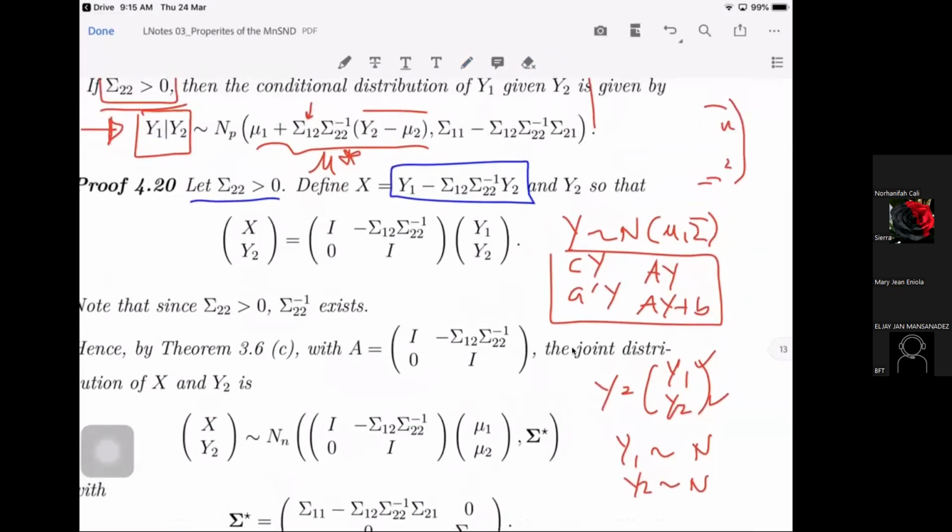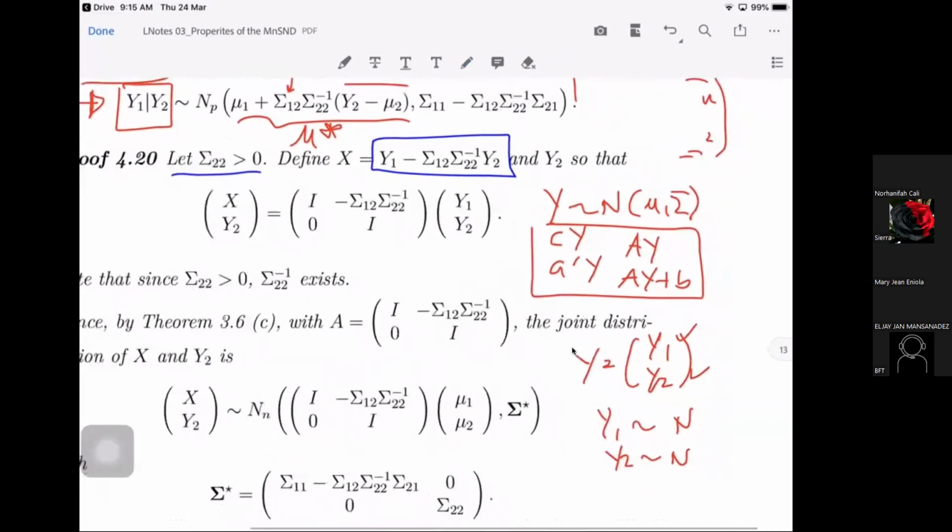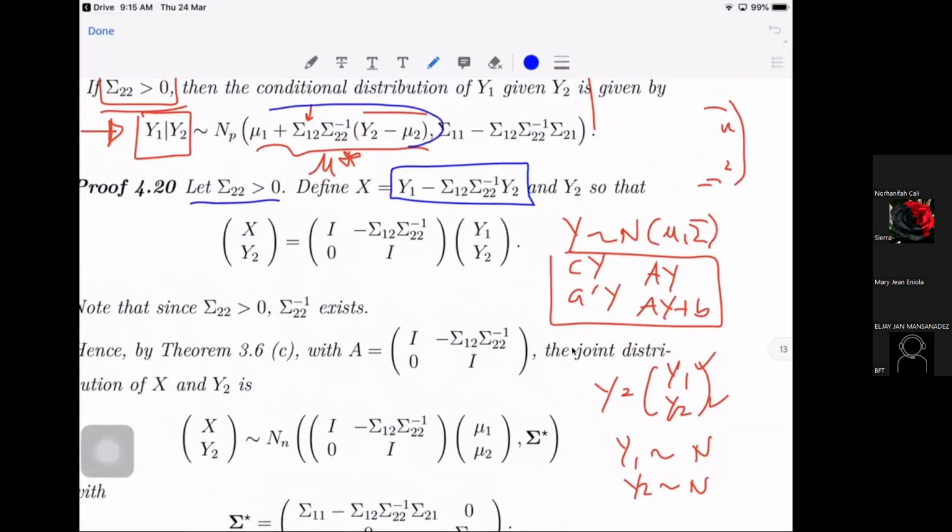So if you look at that, y1 will have a mean vector mu1, and then a function of mu2, sigma 12, sigma 22 inverse, and then you have y2 there.